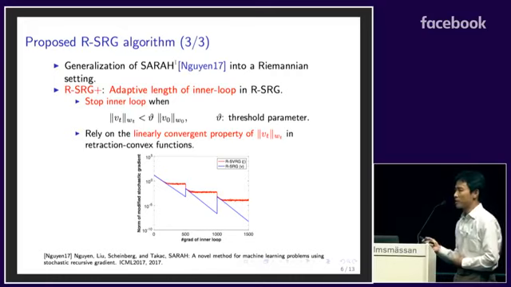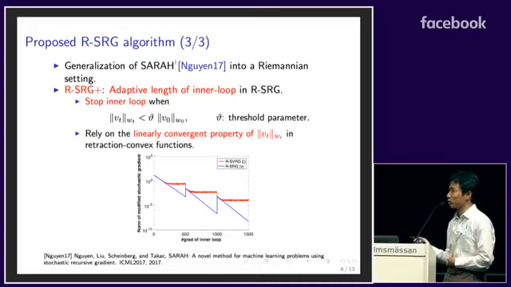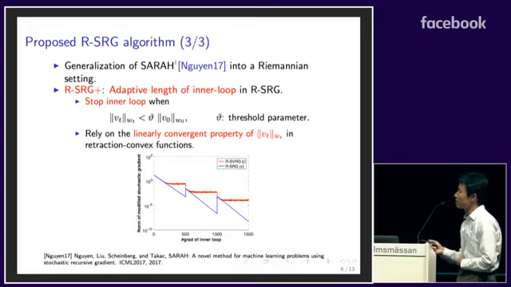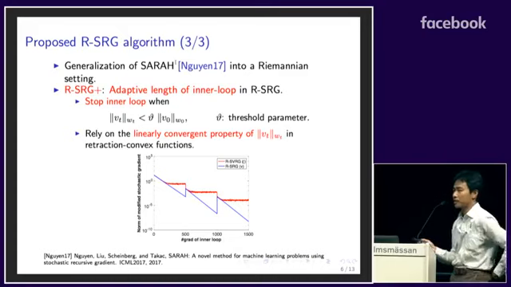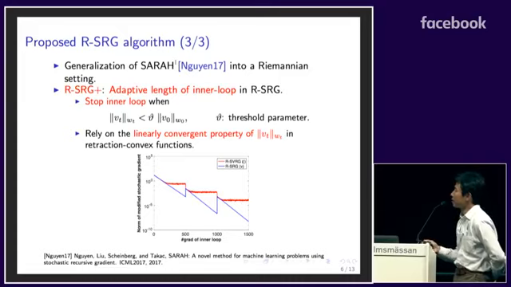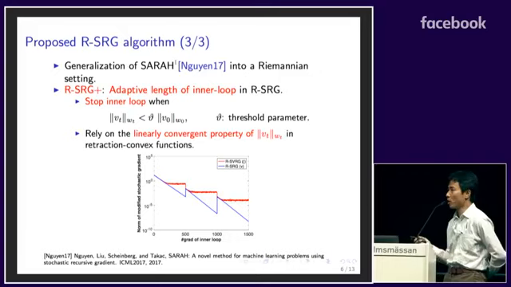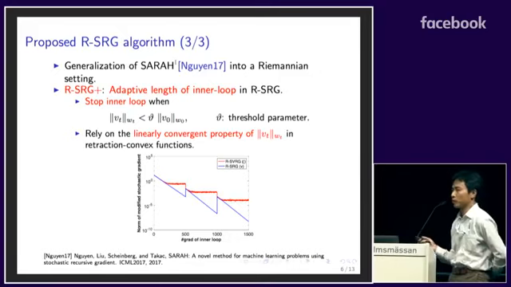This is one result of the norm of the modified stochastic gradient Vt. The red one is the RSVRG, and the blue one is RSRG. As you see, the RSRG has a linear convergence of the norm of the modified stochastic gradient Vt.